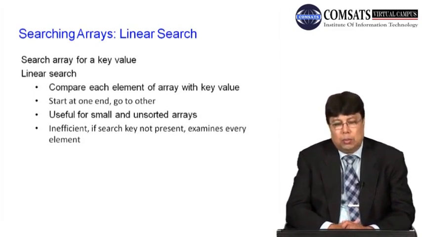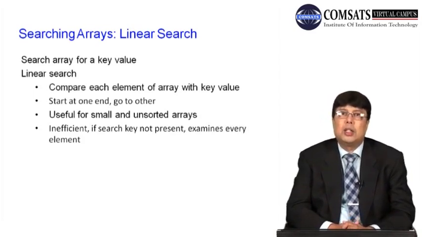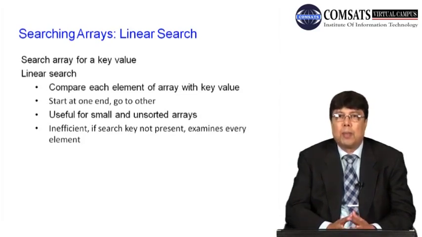We compare the element of an array with the key value and start from the first element, then we keep on moving to the next element. This particular linear search is very useful for small size data structures. For a small size array, this is okay.